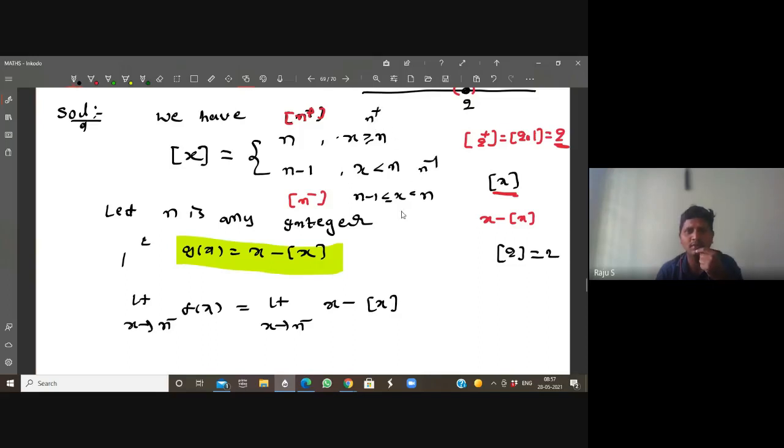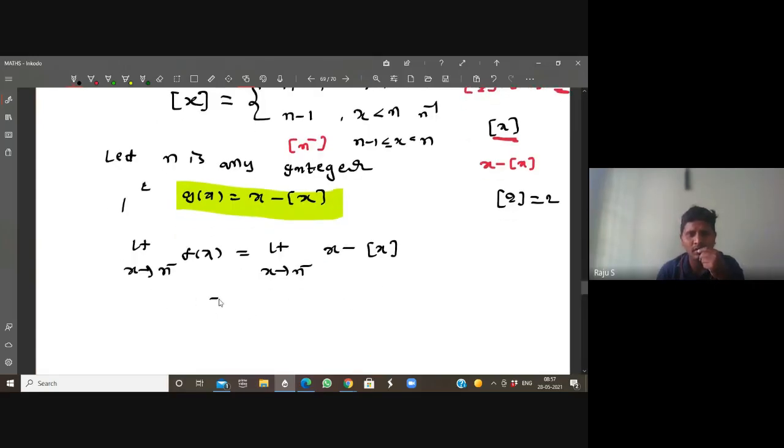Here n minus. Okay, n minus. Yeah, all of you see here. Substitute n in place of x. n minus. So what about the greatest integer value? What is the greatest integer when n minus? Can I write directly here? You can write directly also. n minus 1. Okay, n gets cancelled. Clearly it is minus into minus plus 1.